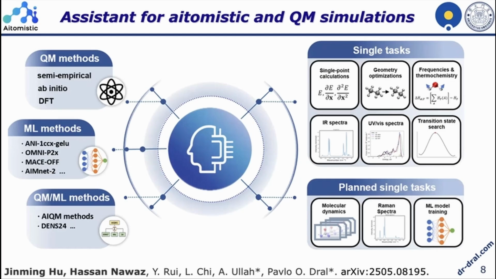And it can perform simulations ranging from geometry optimizations to spectroscopy, like the infrared spectra you saw, but also UV spectra, thermochemical simulations you also saw, and transition state search. We have also extended it now to other tasks like Raman spectra and so on, and model training too.